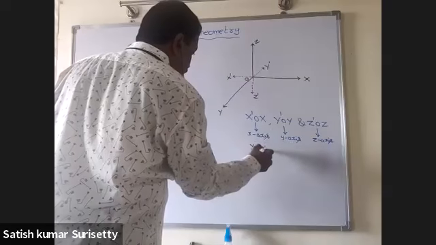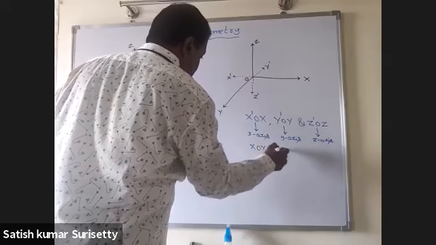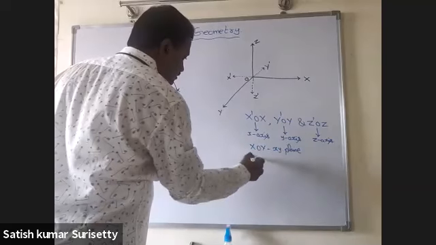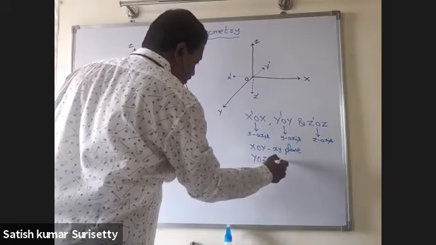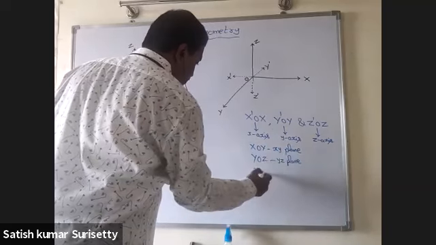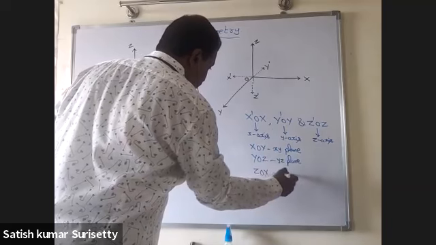X, O, Y is called XY plane. Y, O, Z is called YZ plane. Z, O, X is called ZX plane.